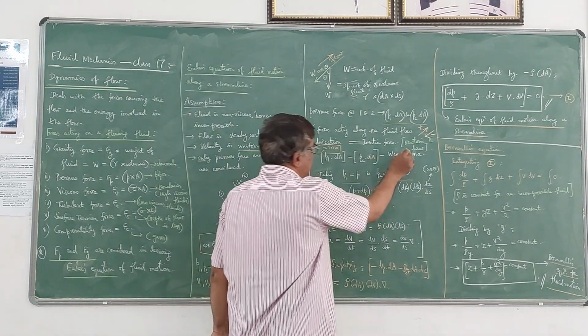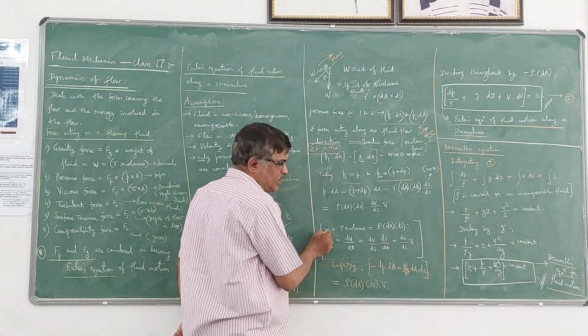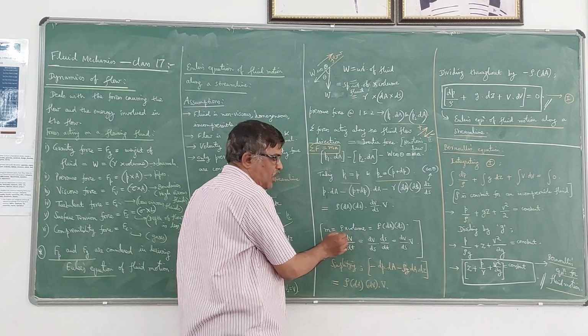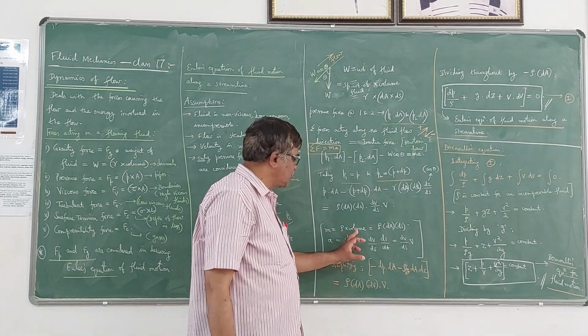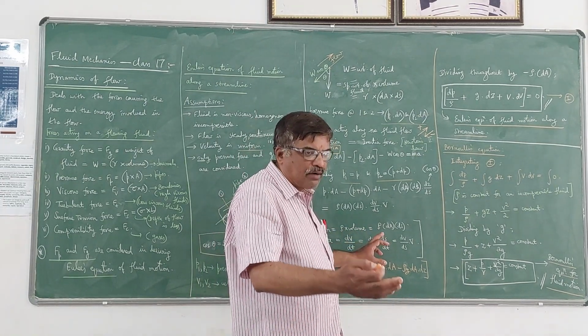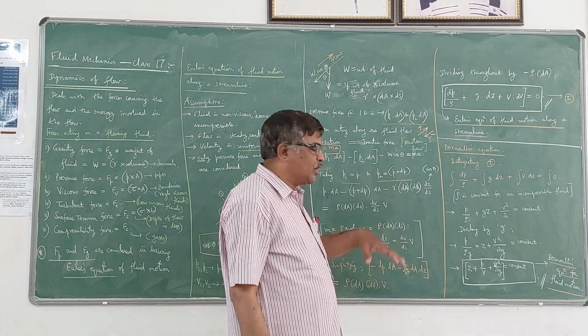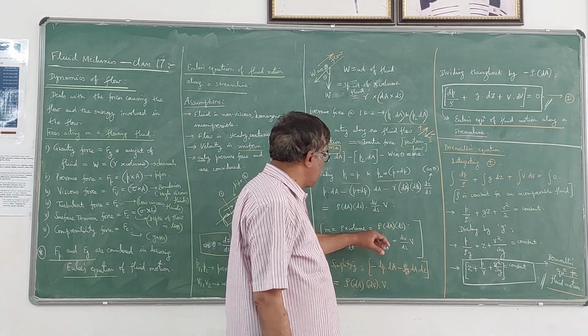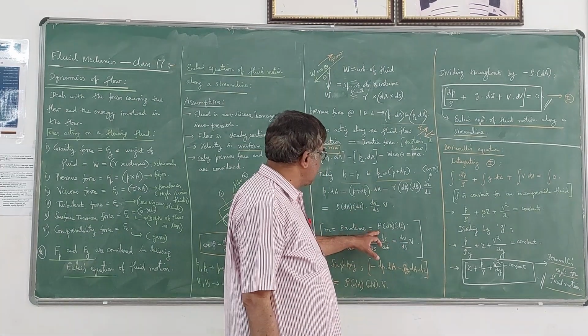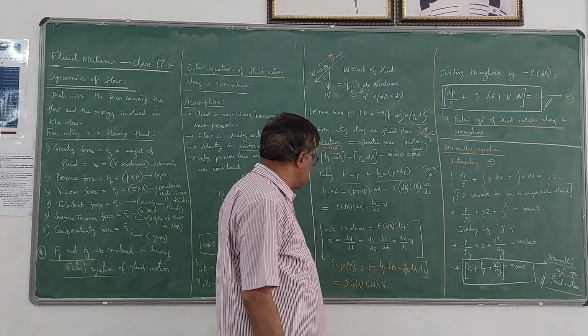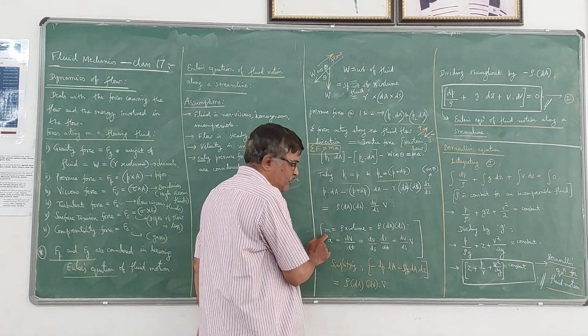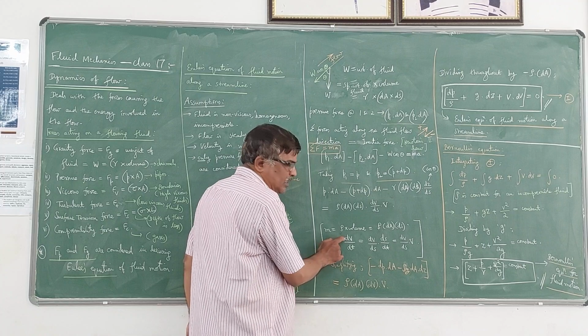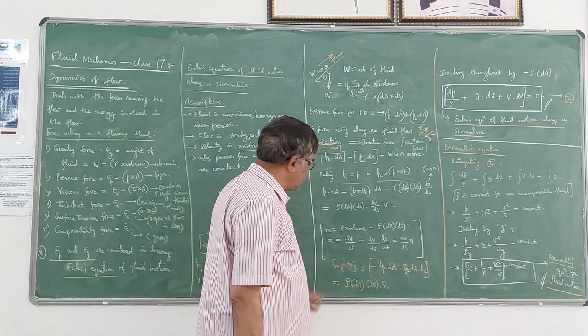Now I have to substitute for m and A. You can see here m is rho into volume. So mass density multiplied by volume gives the mass of the fluid. Similarly gamma is the specific weight into volume, and rho is the specific mass, into volume, which is once again dA into ds. This is the expression for m. And acceleration, you know, is dV by dt, the rate of change of velocity.